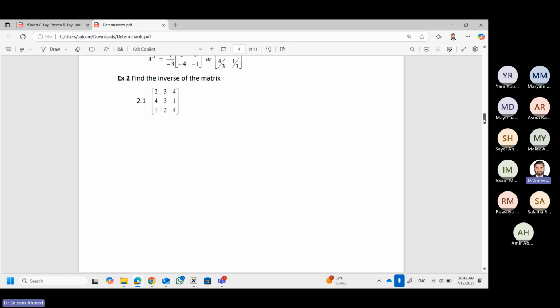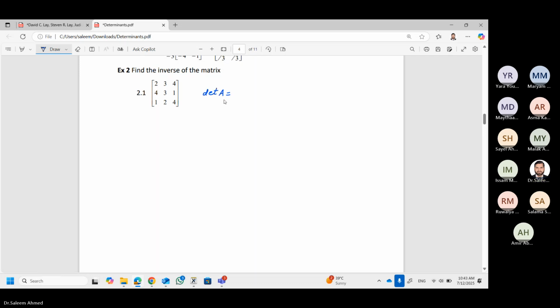Let's see. If you have to find the inverse of this using the adjoint matrix, first of all, you will find the determinant of A. The matrix is 2, 3, 4, 4, 3, 1, 1, 2, 4. Let's do it here.